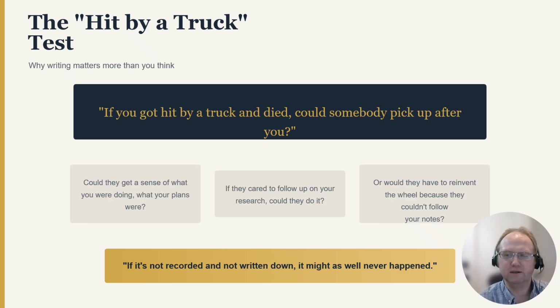Basically, if you got hit by a truck and died, could somebody pick up after you what you were working on? I've often had to think about that as a professional working in a company, because if something did happen to me, somebody would have to pick up and finish the project because there's a contract to the company, not to me, so it would still be active and there would be expectations for it to get done. Would I be doing them any favors?